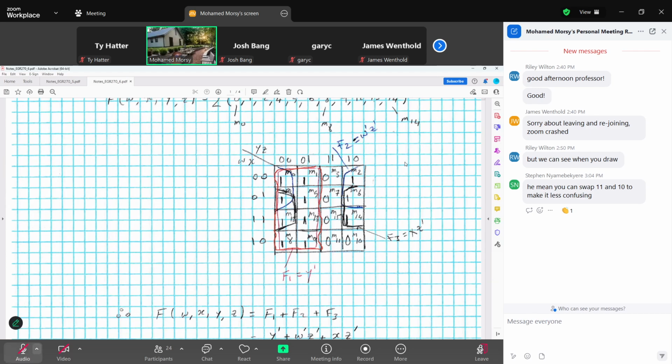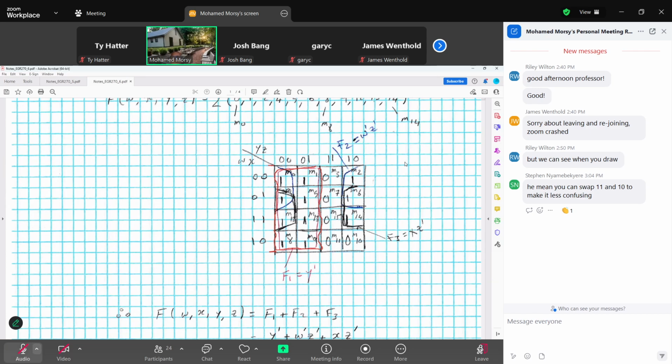So say F1. Look at W, X between the boundaries of the box here. What you see, X has different values, W has different values.